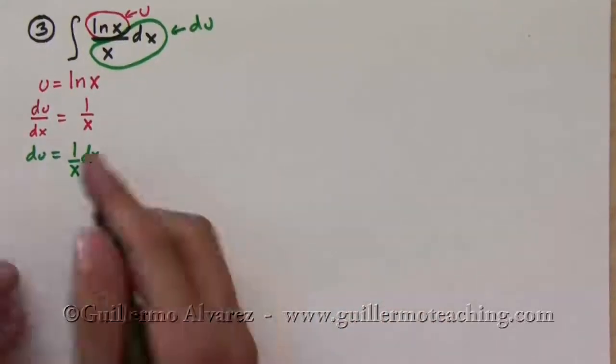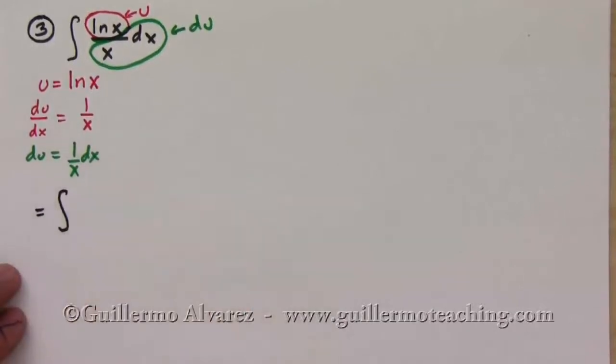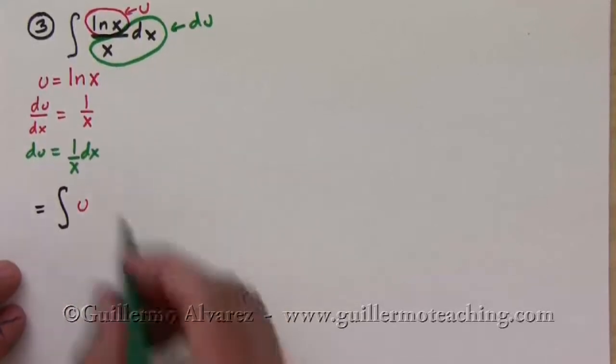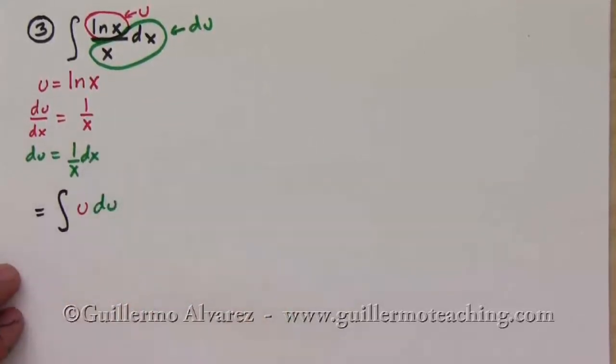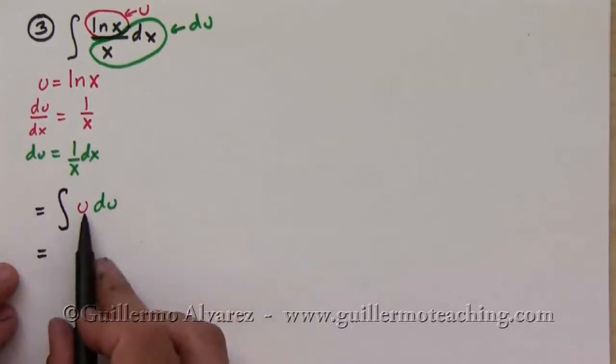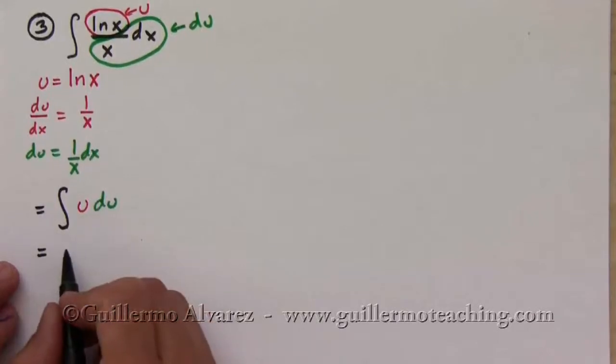Okay, so now we can go back and change it all into the integral of u du. And this we can find the antiderivative of easily. I mean, the integral of just u, I can just use the power rule.